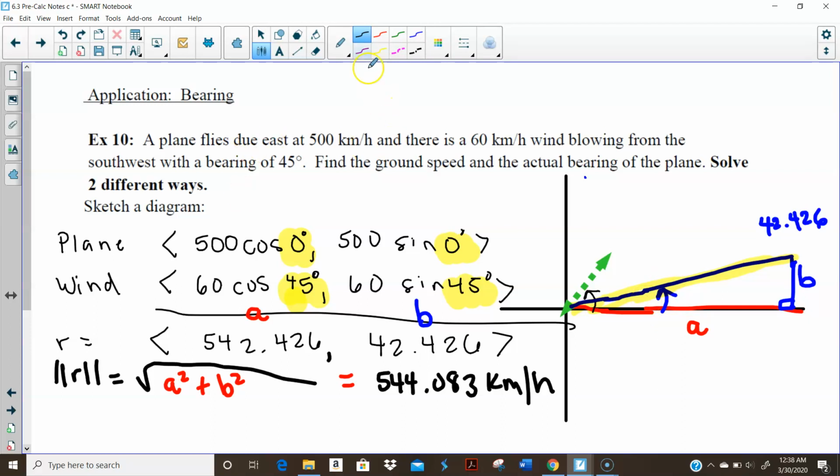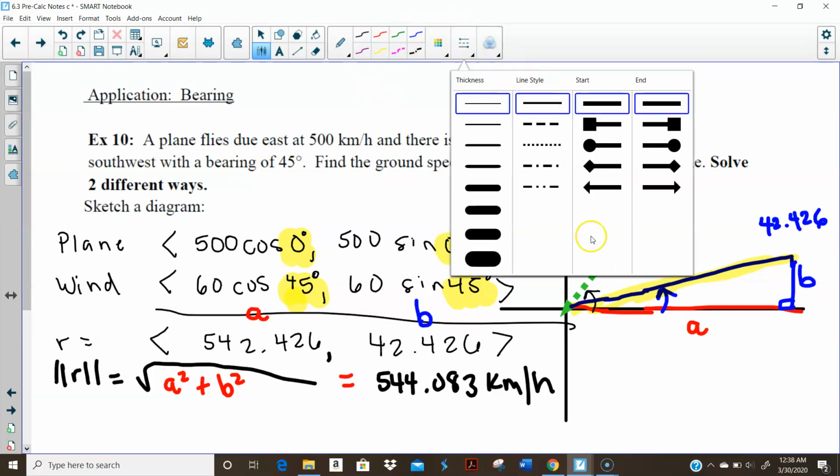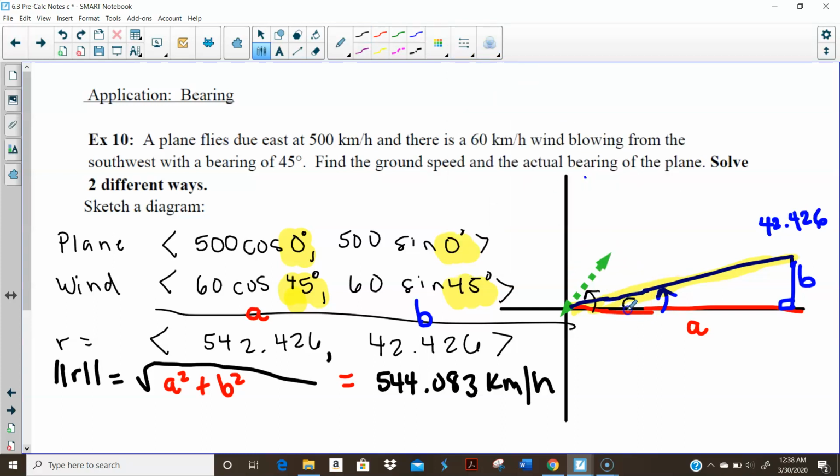So the next thing we need to do is figure out how we're going to find the direction of the plane. The directional angle is that angle right there. So you can see that we can use tangent. I have the opposite. I know what B is. It's 42.426. And I know what A is. It's 542.426. All right.